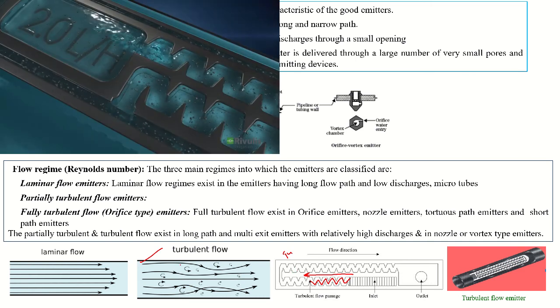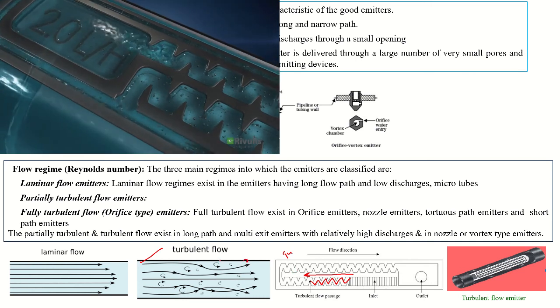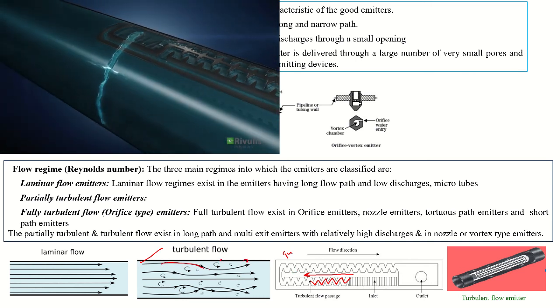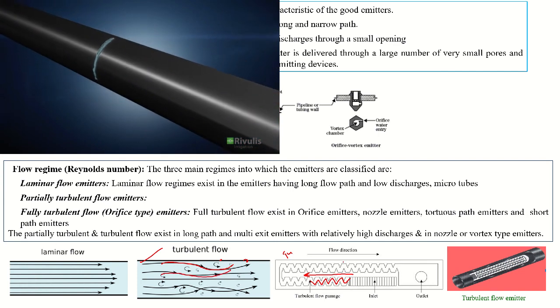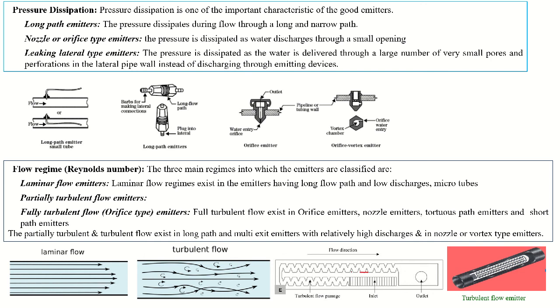The flow will also hit the walls of your emitter and move in a zigzag. Whereas in the laminar flow, the water flows in a plain line. Because there is no zigzag path in this emitter, the water comes to the inlet, simply travels throughout this length in a straight direction, and comes out from your outlet.